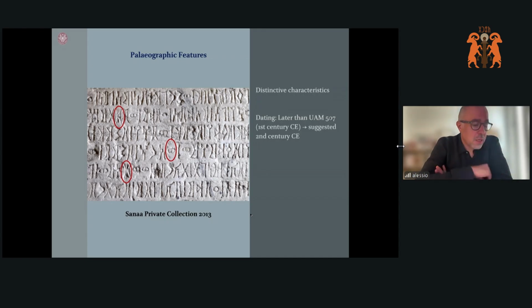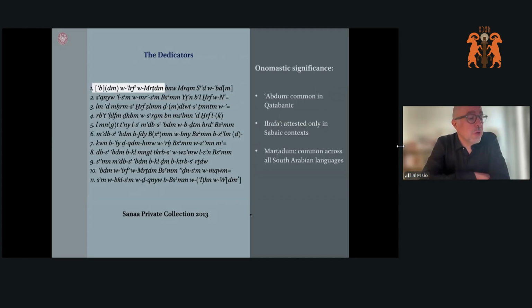So, taking into account all these elements, I would suggest a 2nd century CE date for the present inscription. Let's now turn to the content of the inscription.